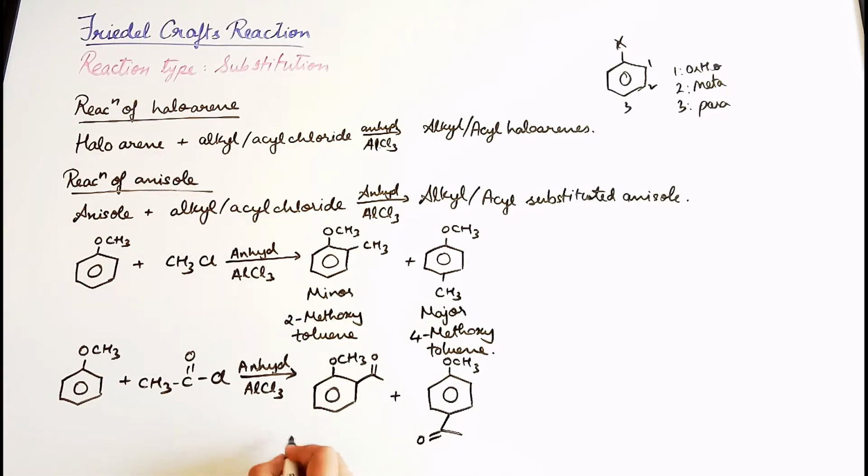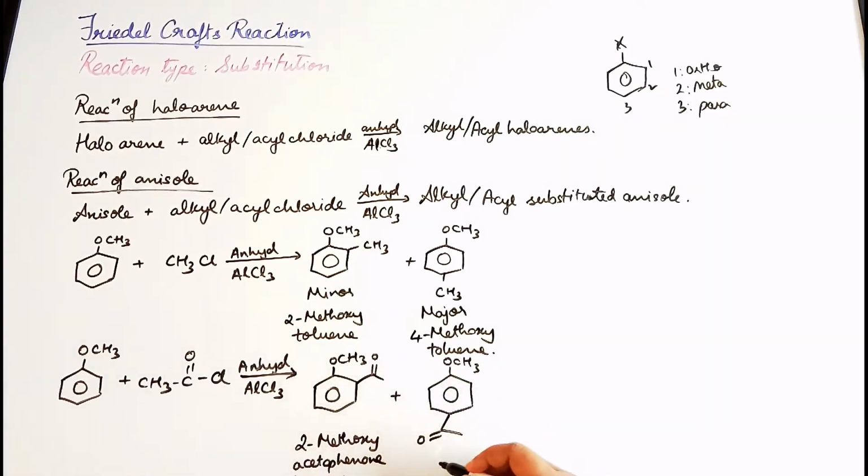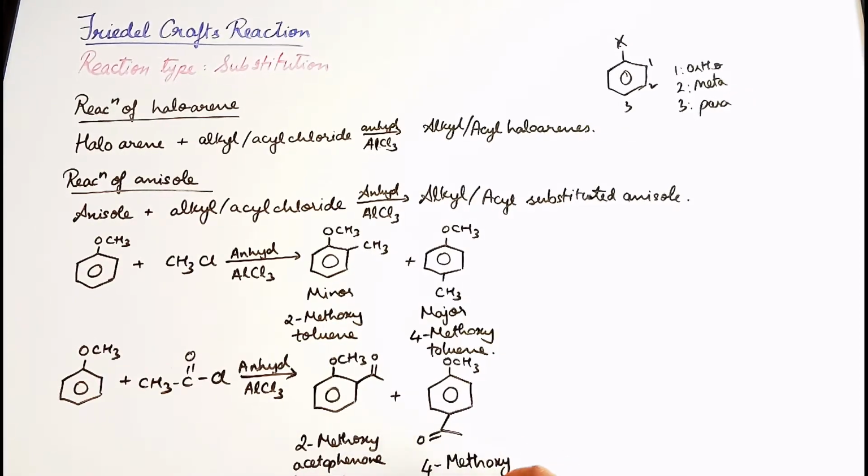So this is called 2-methoxyacetophenone. That's the minor product. Whereas this one is called 4-methoxyacetophenone.